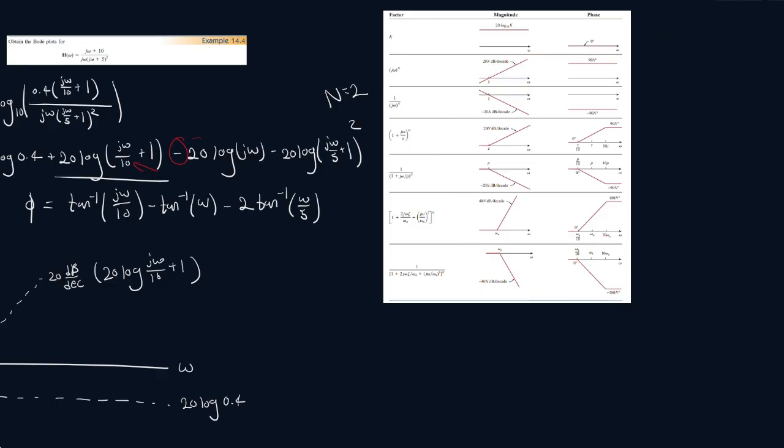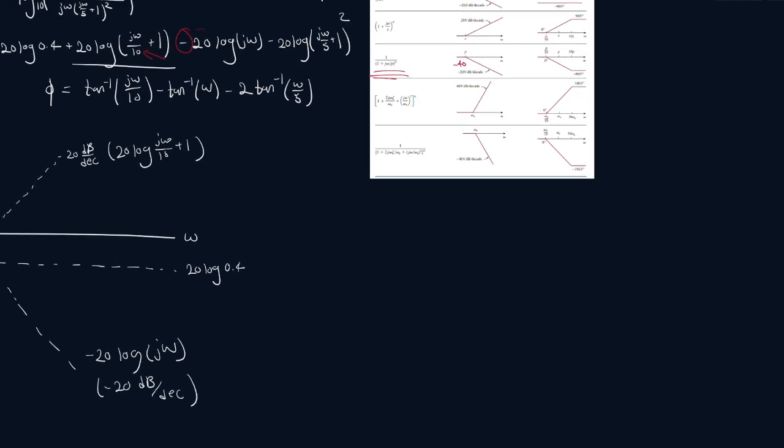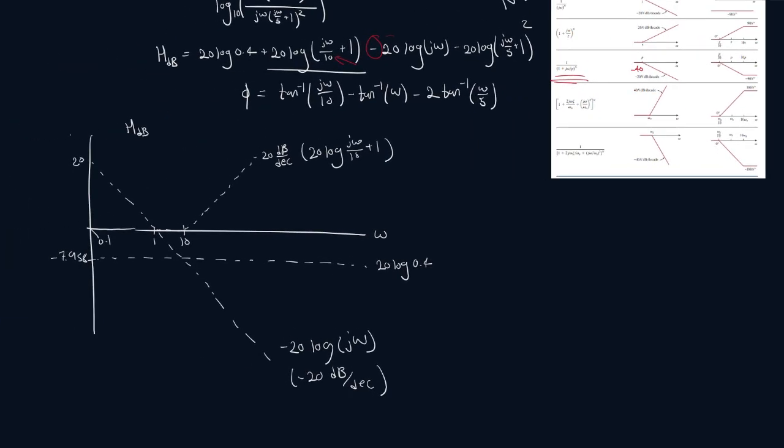So jω plus 1, minus, and since this is a negative value, we're going to be using this one. Notice how it says minus 20n dB per decade. It's actually going to be minus 40 because n is 2 in this case. So at 5, okay, this is really not to scale. I'm going to move this here. This is going to be 10.